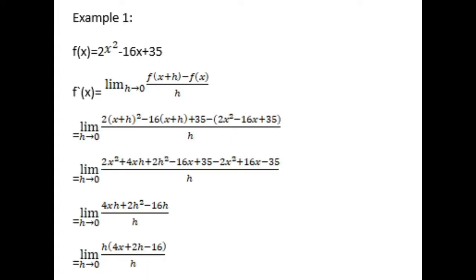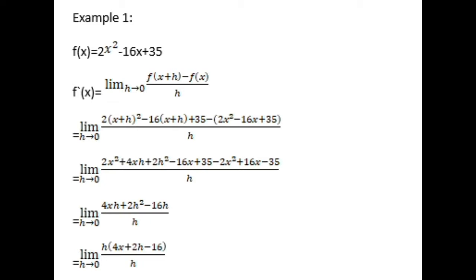First, expand the 2 times the quantity of x plus h squared, and it becomes the limit of 2x squared plus 4xh plus 2h squared. Then, substitute the negative 16 into x plus h, and it becomes negative 16x minus 16h.